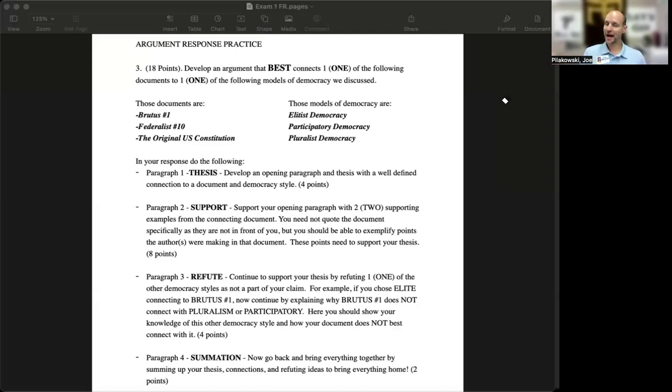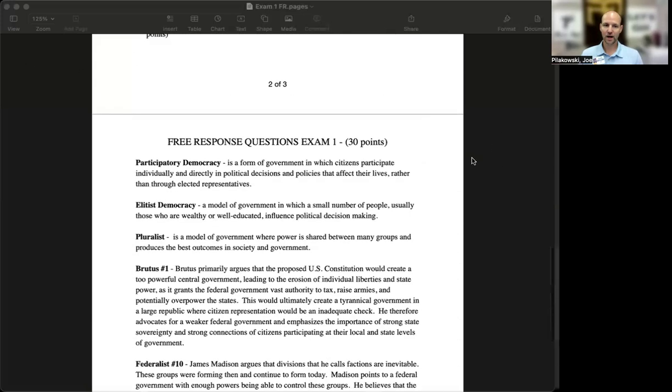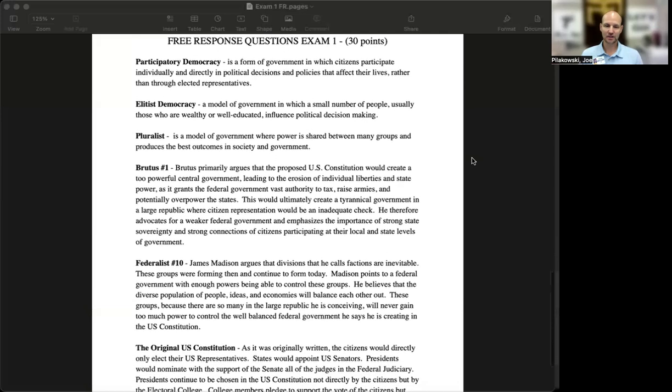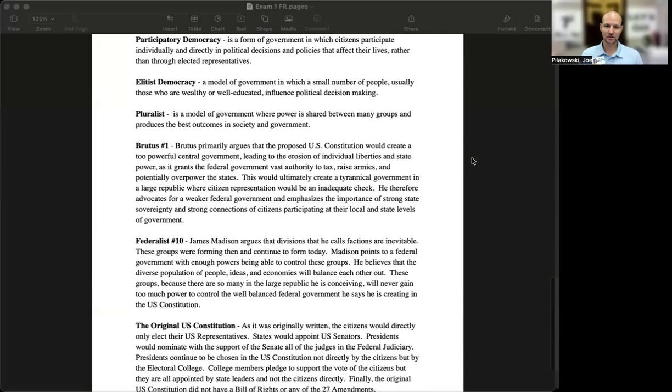Then I'm going to go back in my summation. I'm going to talk about what the original Constitution does, how it ties to elite democracy, and then I'm going to finish that up. To help you out, you can see that I'm going to give you this sheet down here as well.